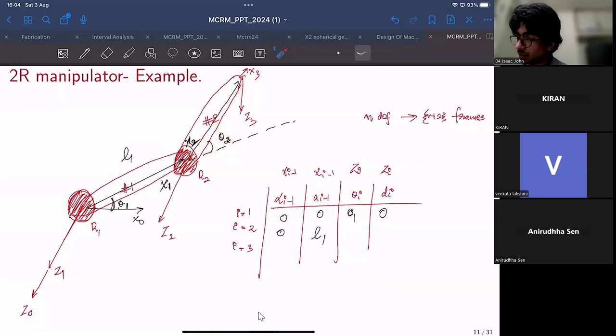This is X2. X1 is like this after the translation. So you need an angular offset theta 2 so that X1 can be aligned to X2, and that accounts to theta 2. Now they are fully coincidental. You don't need any further translation along Z2. So that makes it 0.